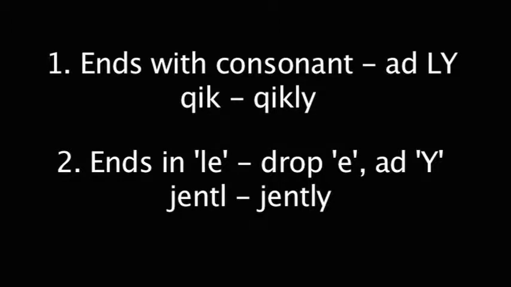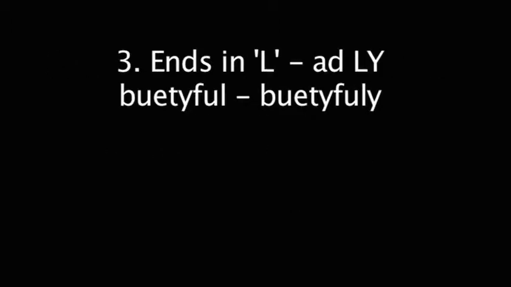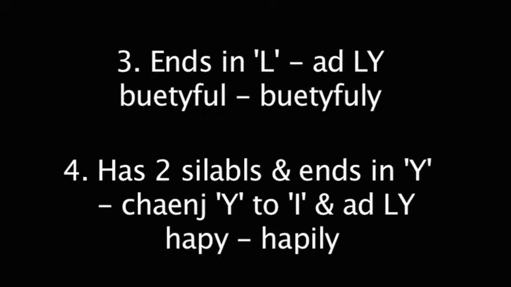So gentle becomes gently. Third, if the adjective ends in l, like beautiful, then just add ly, so beautiful becomes beautifully, but you have 2 l's. And fourth, if the adjective has 2 syllables and ends in y, change the y to i before you add ly. Then happy becomes happily.